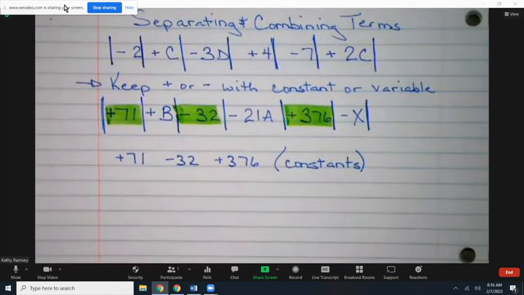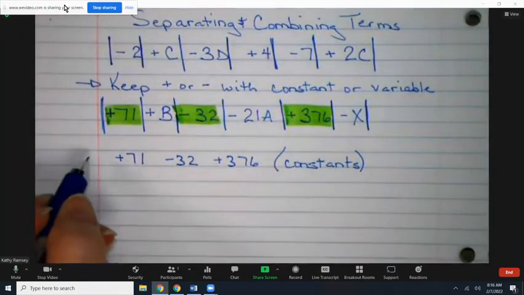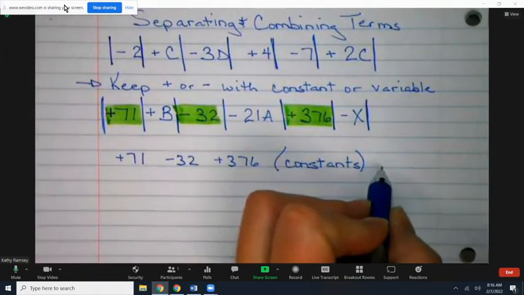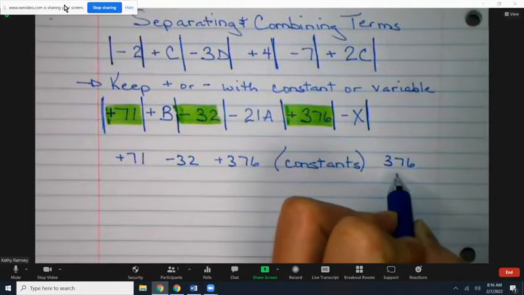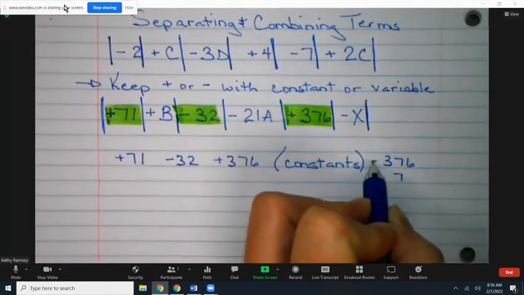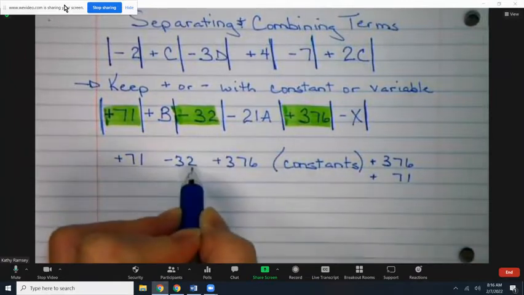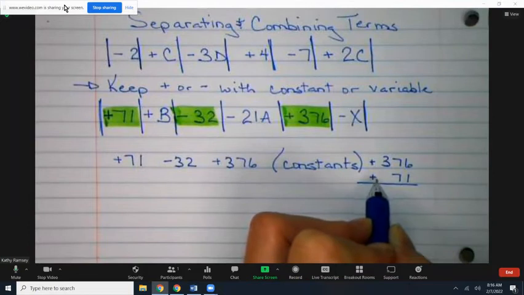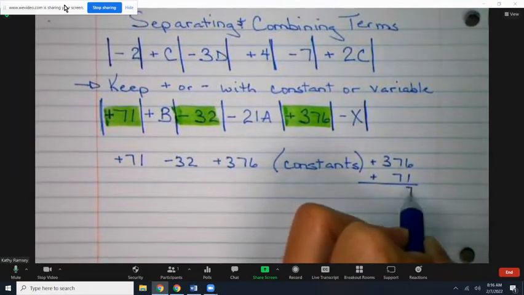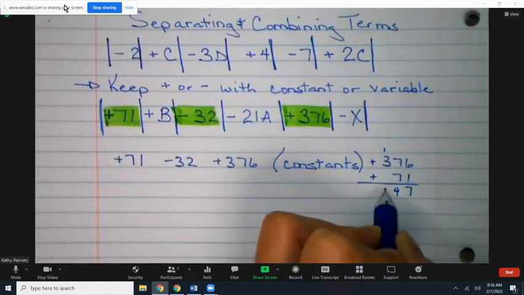Right? So let's take a moment and add these together. So I'm just gonna go right over here because I'm just looking to save some space. So 376 was positive, 71 was positive, 32 is negative. So I'm gonna hang on to that for a second. I'm just gonna add these two together. So 6 plus 1 is 7, 7 plus 7 is 14, 3 plus 1 is 4.